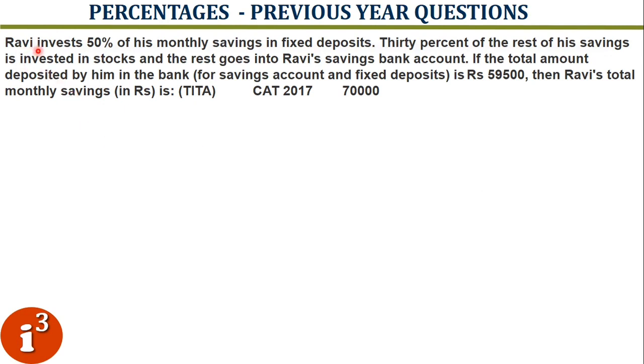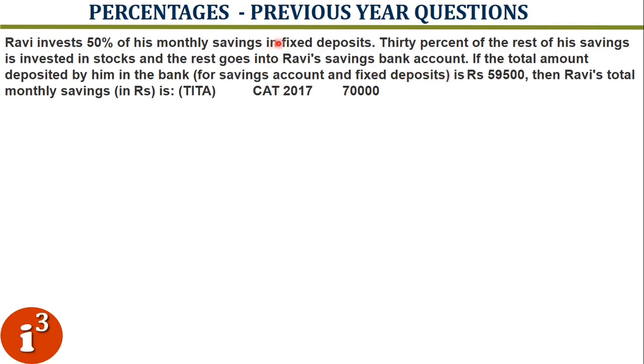Ravi invests 50% of his monthly savings in fixed deposits. So what does Ravi do? He has some monthly savings, he invests 50% in fixed deposits, and 30% of the rest. Means suppose you are having 100 rupees, you put 50 in fixed deposit, and out of the left 50 you invest 30% in stocks, and the rest goes in Ravi's savings bank account.